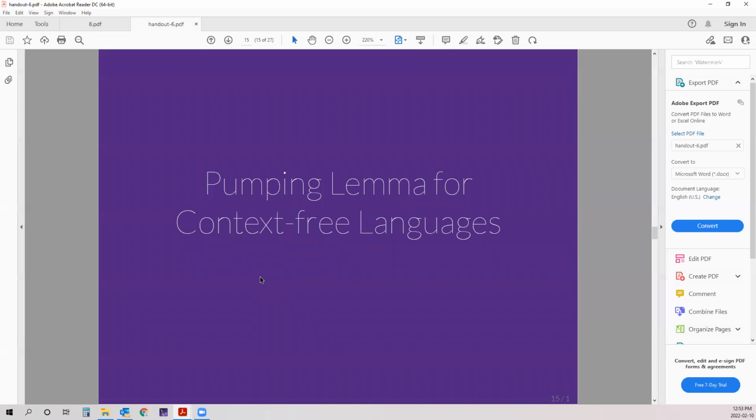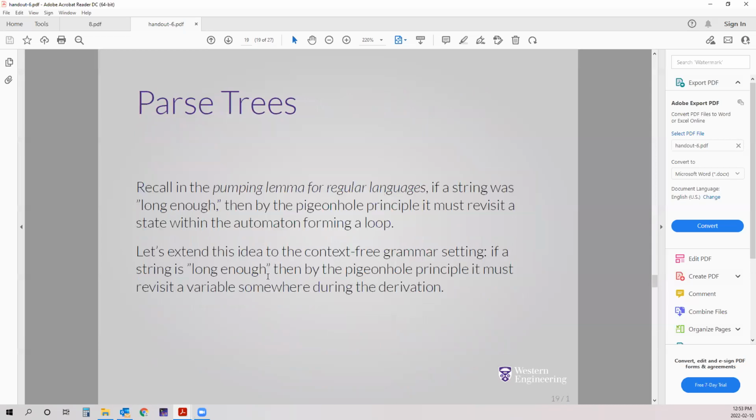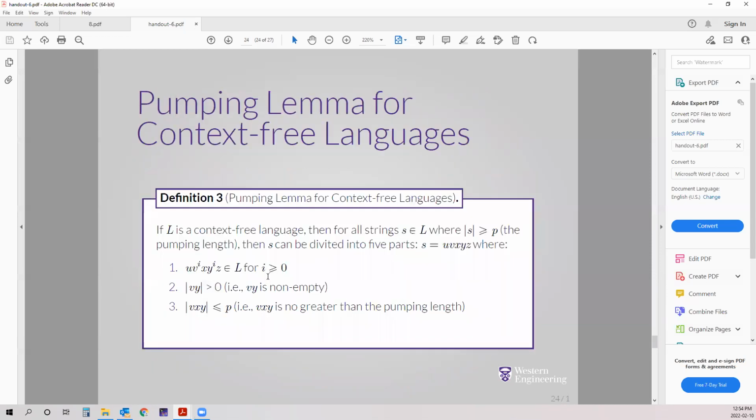Now, we will stop here. We'll not have the pumping lemma for context-free languages because, as you see, we will start dividing the string using the parse tree, so it will be a bit complicated. And then we'll have u v^i x y^i z.